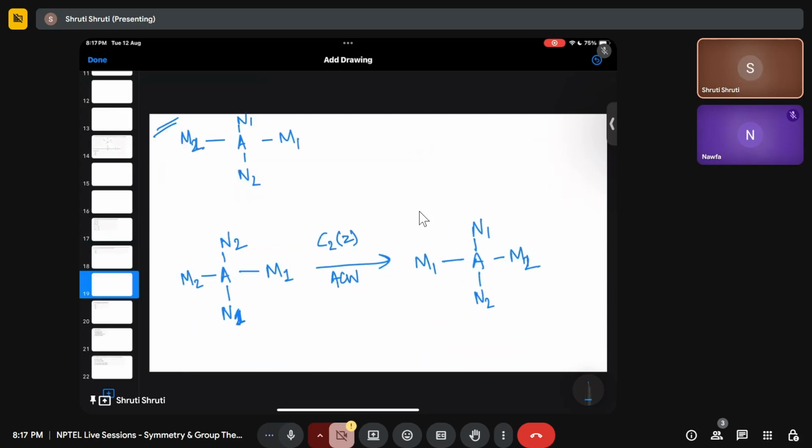Do C2y. If you do C2y, this is the y plane, and this is x. So if you do C2y, this will flip like this. So it will be n2, n1, m2, m1. But again, this and this are not the same.